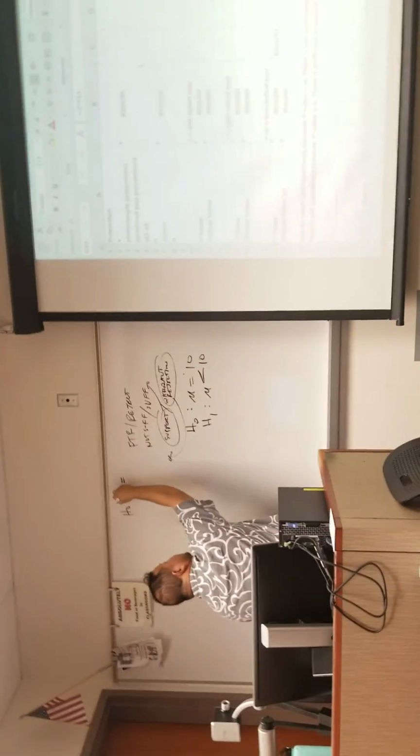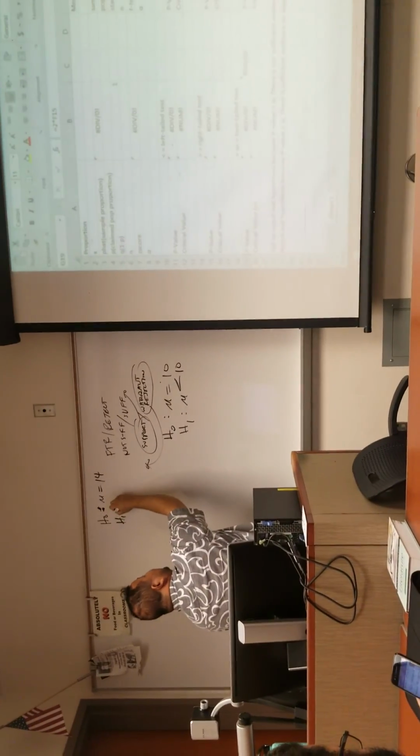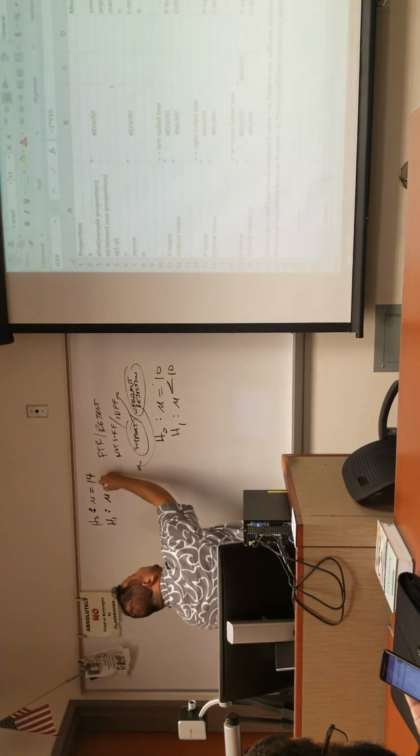Okay? If you don't want to think about it, but that seems like what the majority is. You guys see that? Okay, so just be careful. And then for those of you guys that don't understand, this null hypothesis would be mu equals 14, and alternative would have been mean does not equal 14.